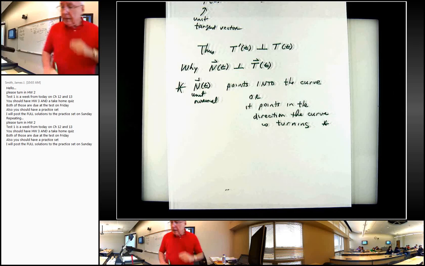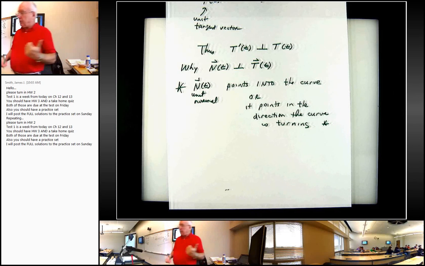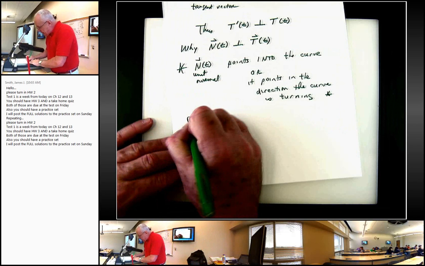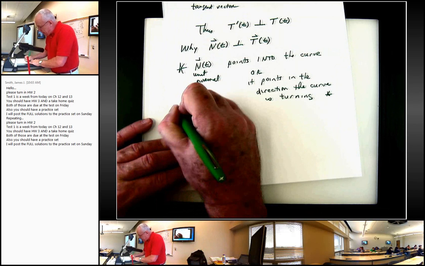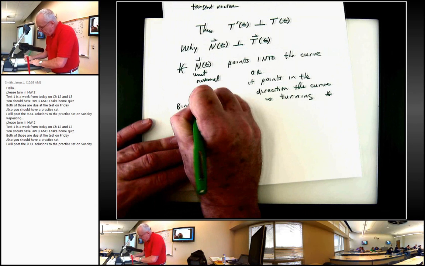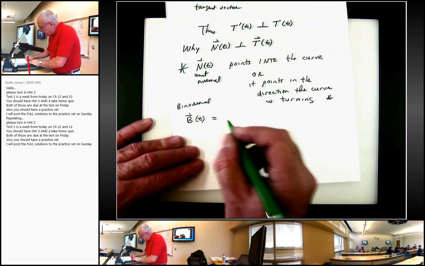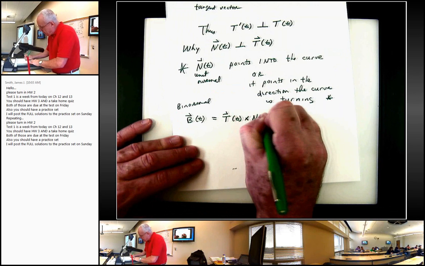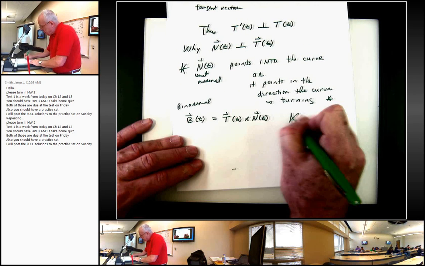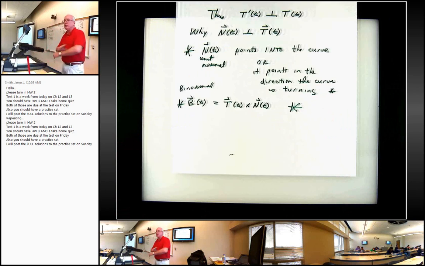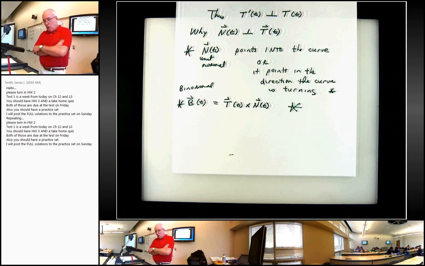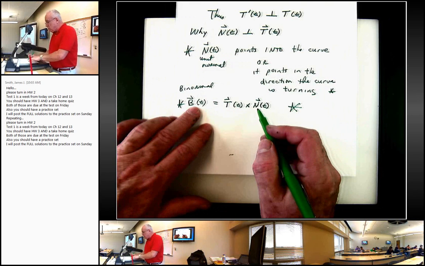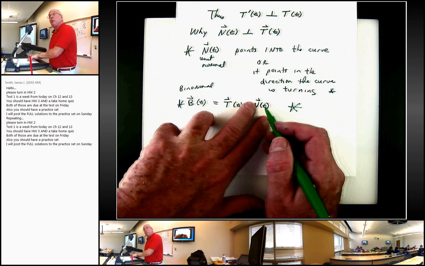Now let's talk about the last of the three vectors. That's the binormal vector, our capital B vector, and that's defined as the cross product of T cross N. Again, asterisk here, remember this definition. Because it's a cross product, it's obviously going to be perpendicular to both of those vectors.